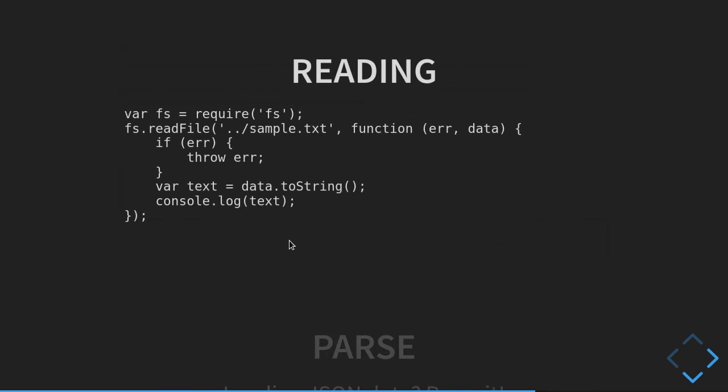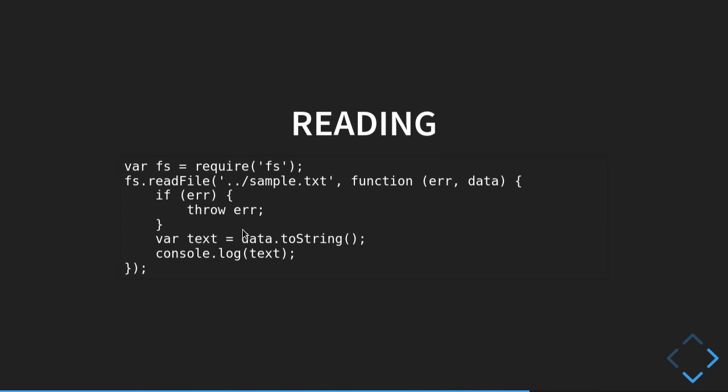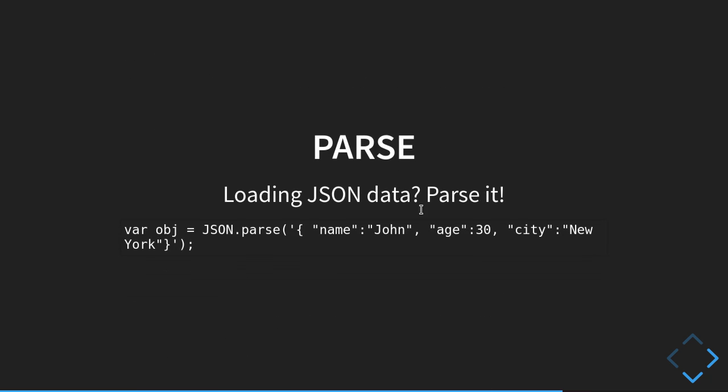So in this example, we are receiving the data, and we can work with the data. In this case, the data is the JSON, or the JavaScript array, and we can place that as an argument for JSON.parse.